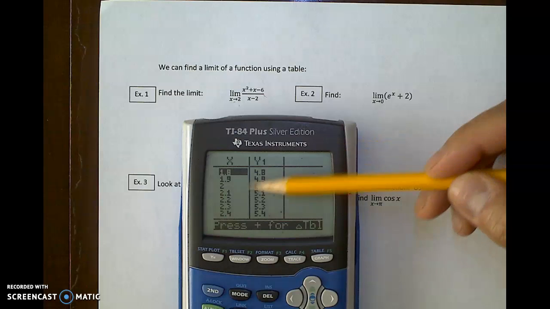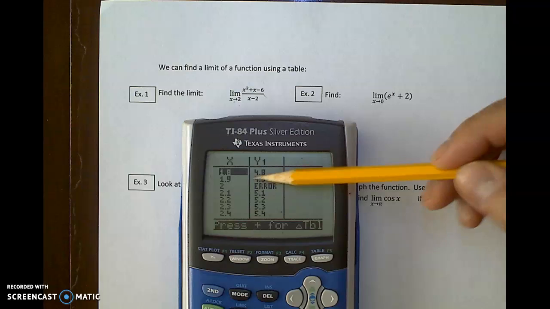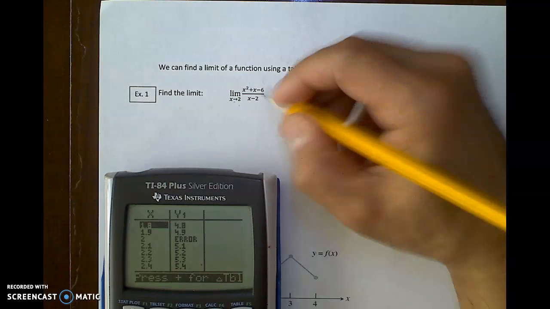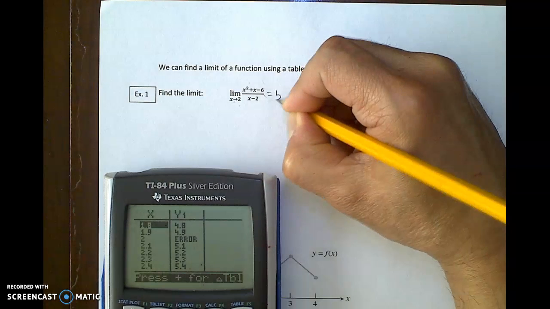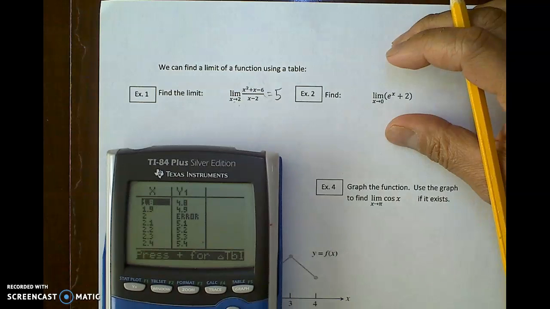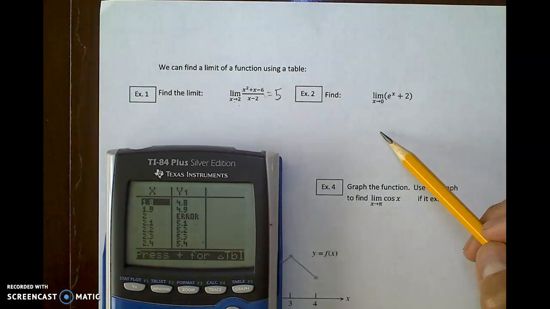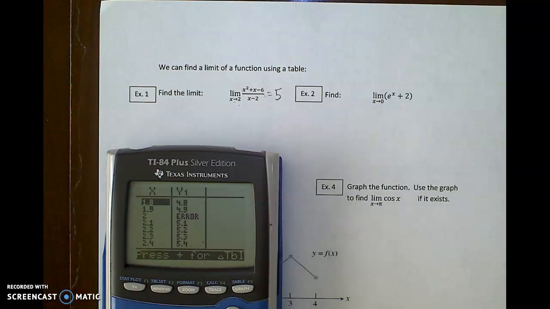Like in this area right here, we are approaching that value of 5. So the limit for this function as x approaches 2 is 5. Alright, so let's go ahead and try that for example number 2.